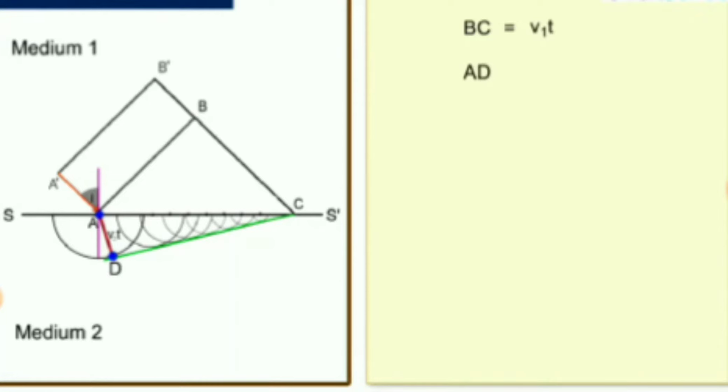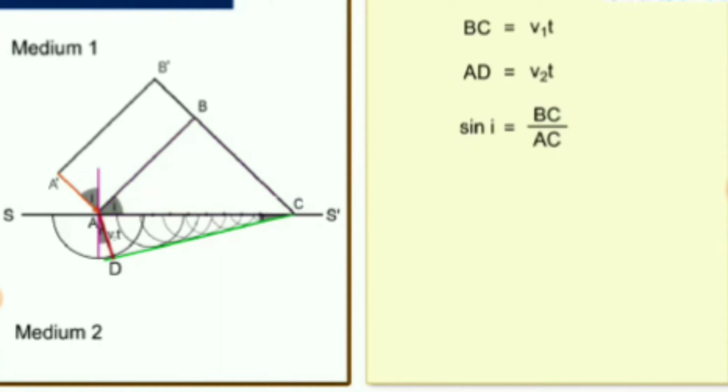Note that AD, being the radius of the hemispherical wavelet generated at A, is equal to v2t, and the direction of AD is the direction of the refracted wave in medium 2. If the angle made by the refracted wavefront CD with the interface SS' is r, then it is the same as the angle of refraction. Since angle BAC is equal to i, from the triangle ABC, we have sin i equals BC by AC.